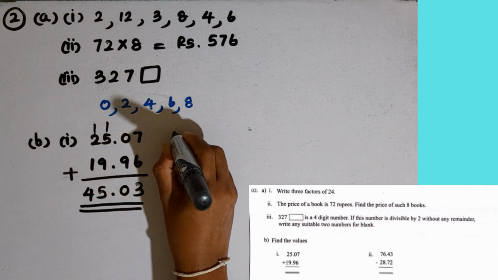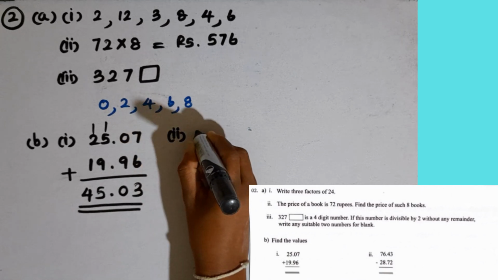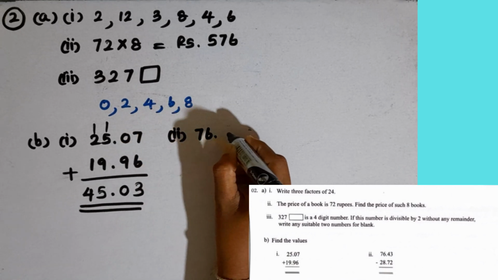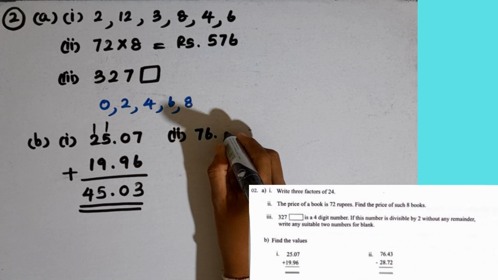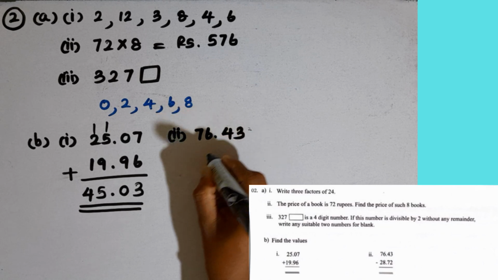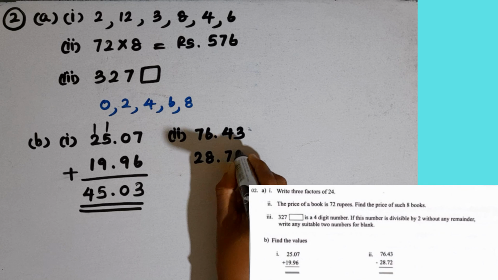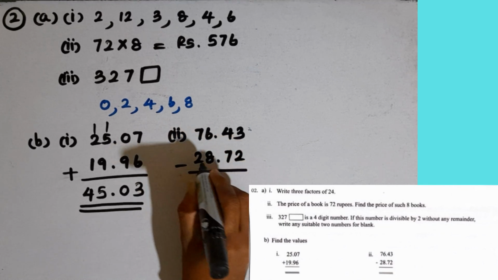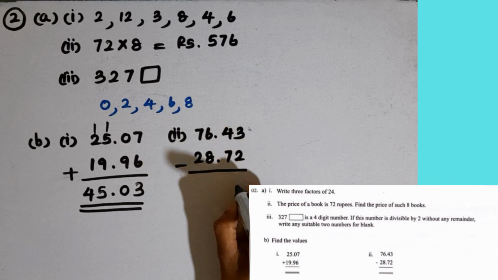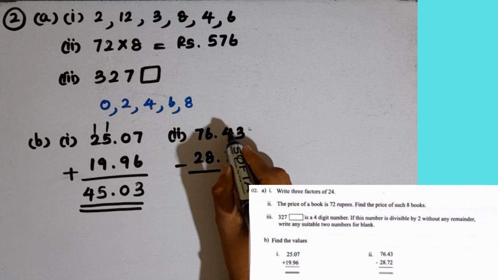Then next one, a subtraction. 76.43 subtract 28.72. 3 minus 2 is 1. We can't subtract 7 from 4.